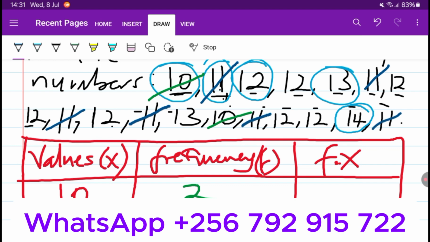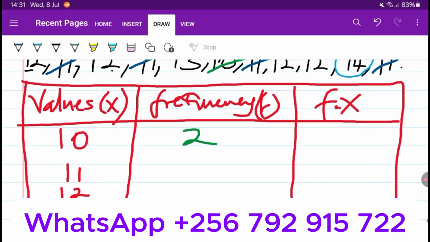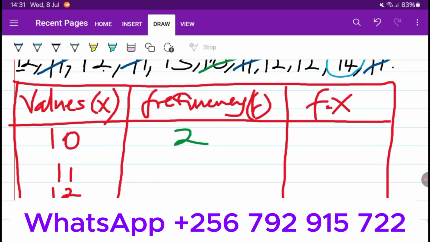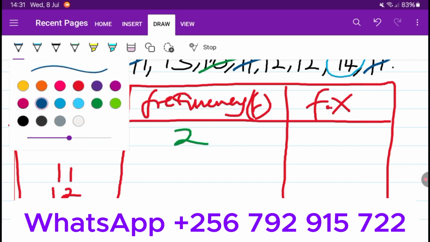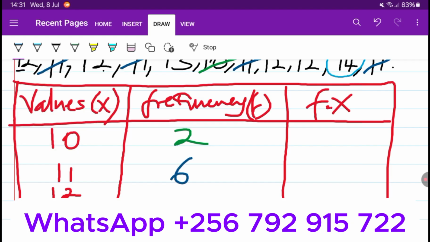So it appears 6 times. I come under our table, and under 11 I write a 6. So this is going to be a 6. Then I check on another value.